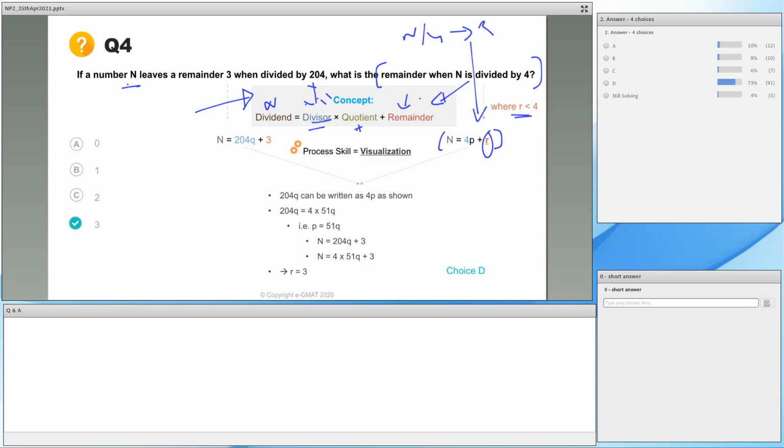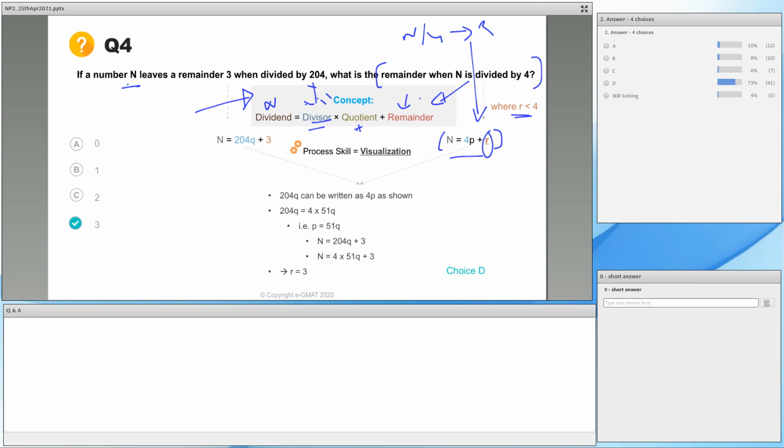The constraint is r is greater than or equal to 0. If it is equal to 0, that means that number is perfectly divisible. Otherwise, it's greater than 0, and it will always be lesser than 4. It will always be lesser than the divisor. So make sure you remember that. That's a constraint you always have to keep in mind as far as remainders are concerned. So this is what you need to find.